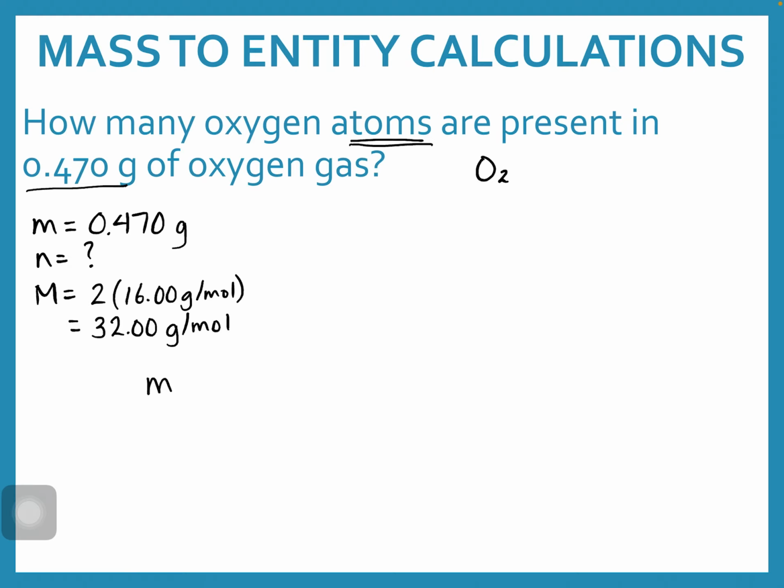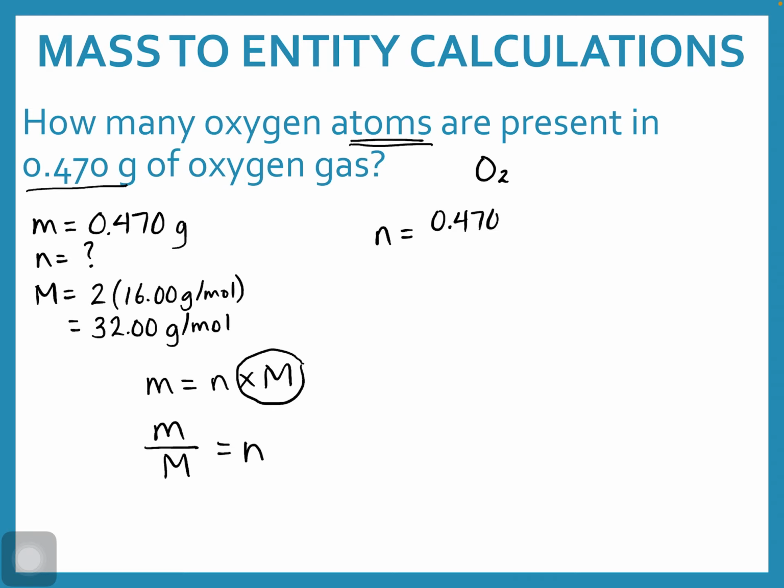If mass is equal to number of moles times molar mass, I want to move the molar mass over to solve for n. Right now I am multiplying by molar mass, so to move that over, I would need to divide. So my mass divided by molar mass is equal to my number of moles. n equals 0.470 grams divided by 32.00 grams per mole.